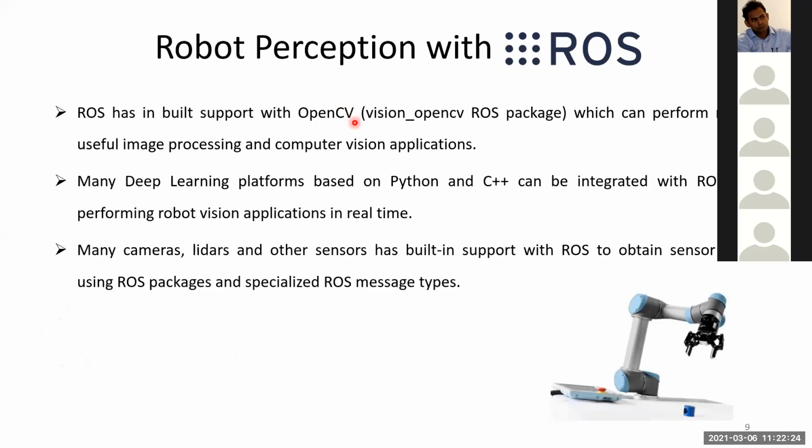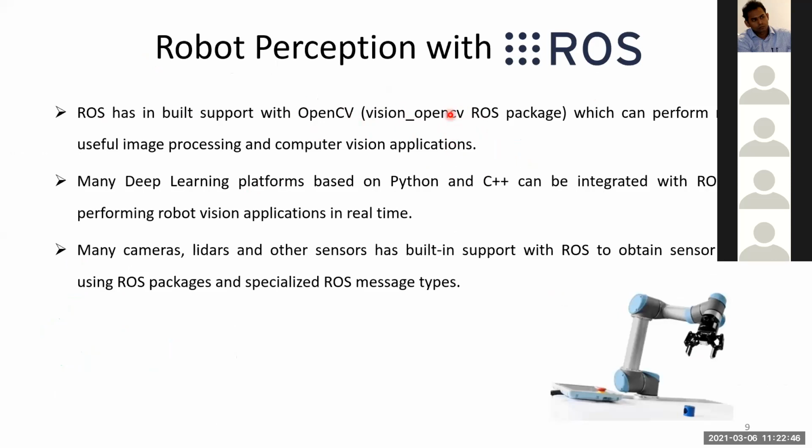In the last slide, we talked about some technologies. The interesting thing about ROS is we can use all those frameworks as well as packages with ROS. ROS has inbuilt support with OpenCV through the vision OpenCV ROS package. So you can directly do those image processing and computation algorithms inside ROS.